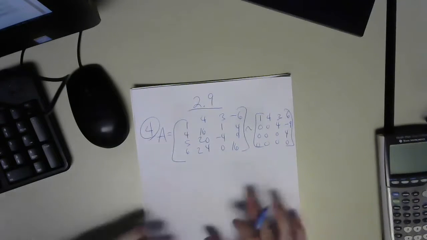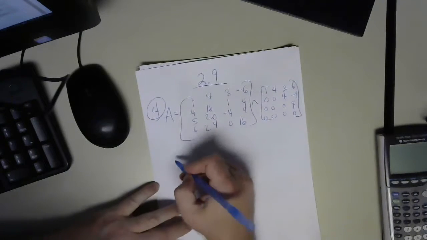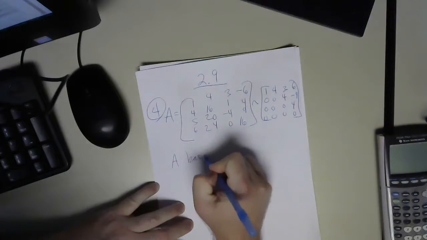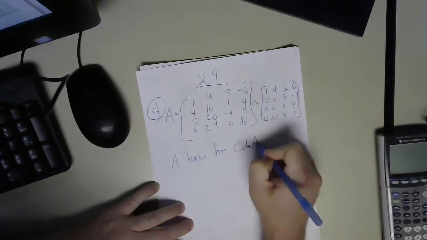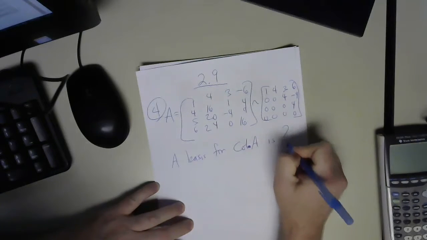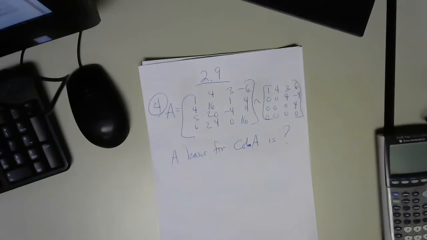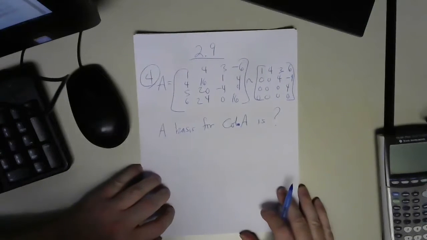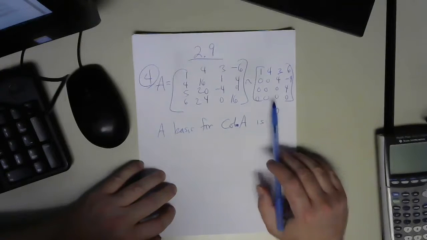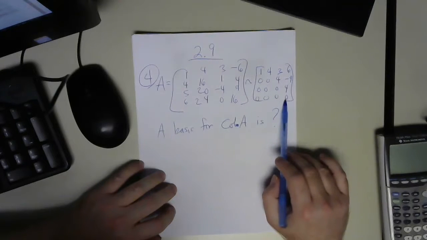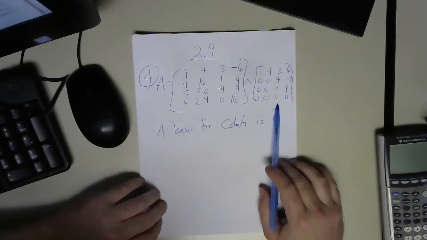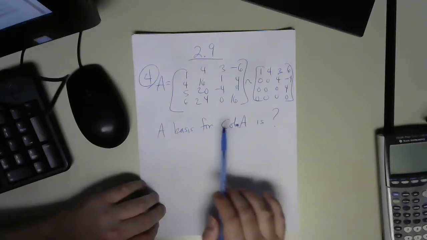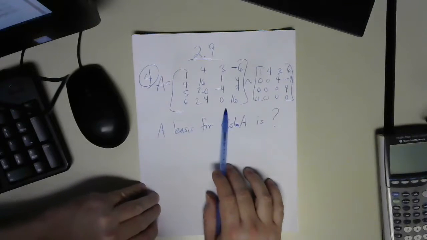So a basis for the column space of A is what? Okay. Now, one of the facts that you need to use on this problem is that the number of pivot columns in the echelon form of the matrix is the same as the dimension of the original column space of the matrix.